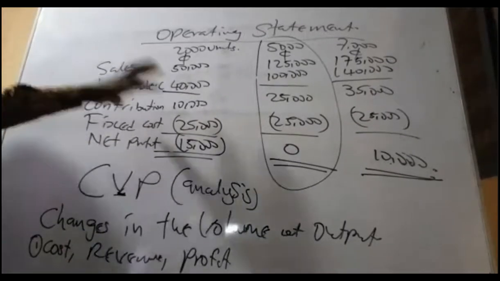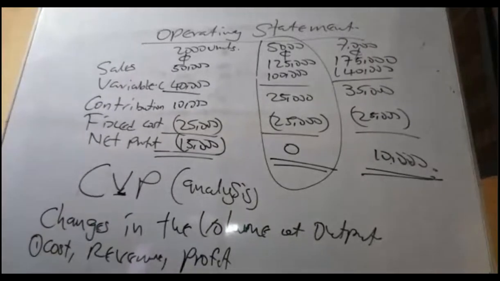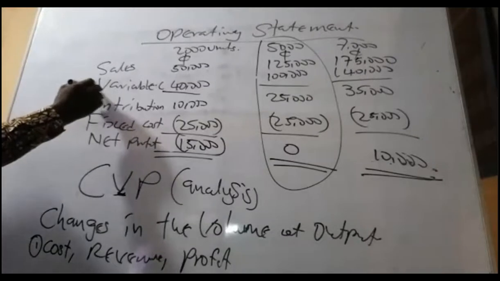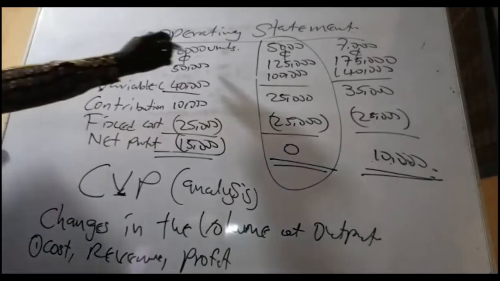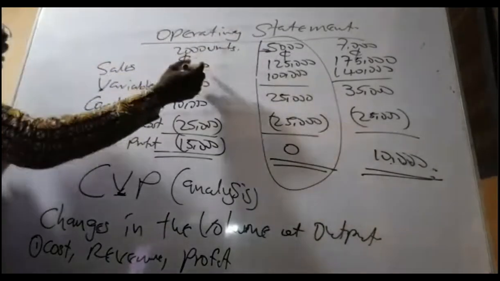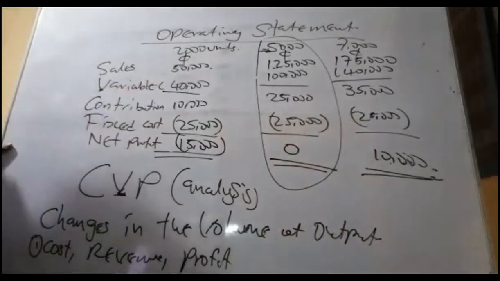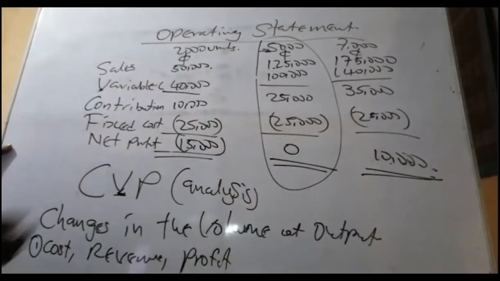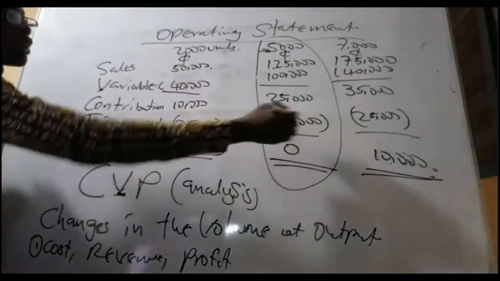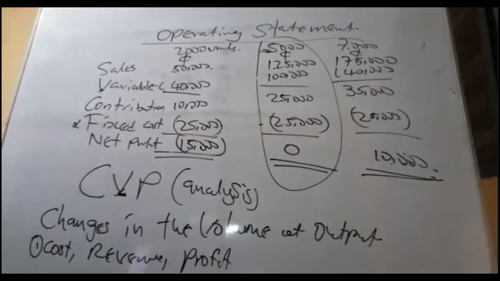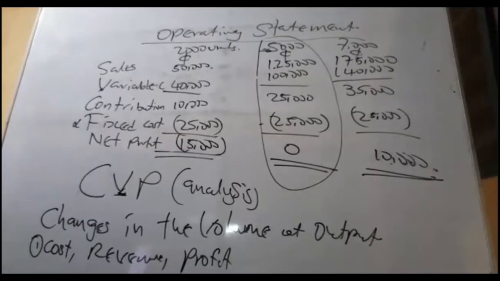So with this short exercise, we've looked at the various changes that the variable cost will go through with respect to the changes in the output. We've seen that when the company increases to 5,000, the sales revenue also increased to 125,000. Likewise, the variable cost. However, the fixed cost is the same, right? Because it's fixed. Great.